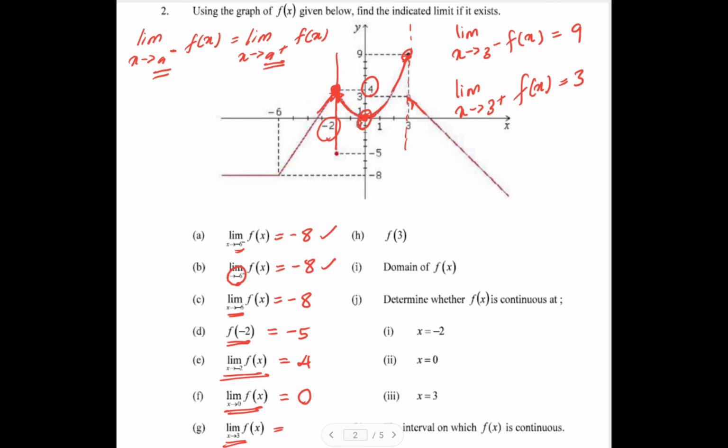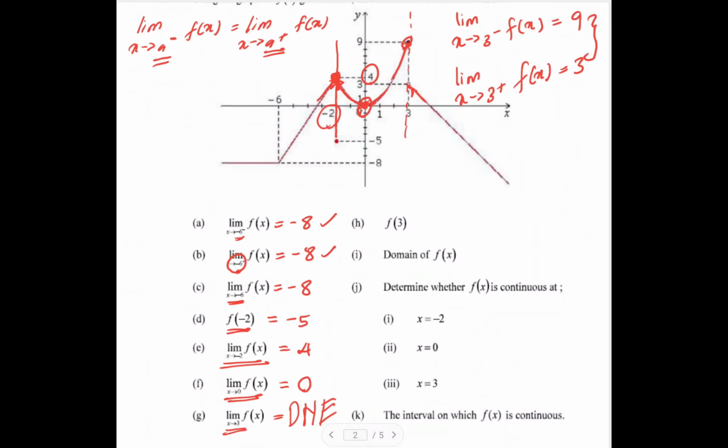Okay, therefore the limit from the left is not equal to the limit from the right, so we can conclude that the limit as x approaches 3 does not exist. So this value does not exist.